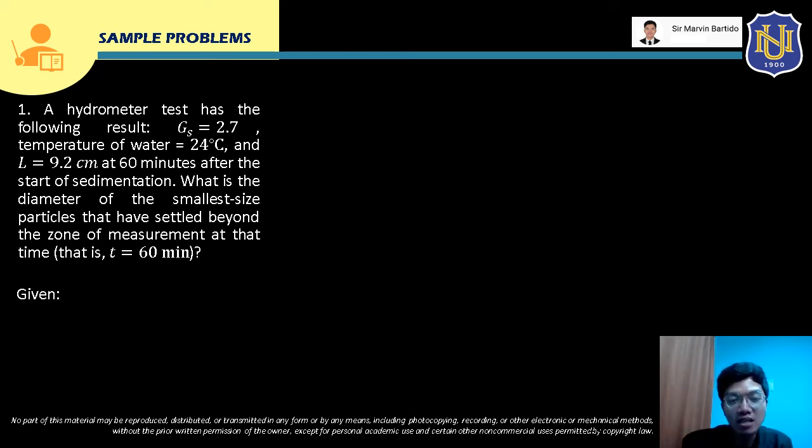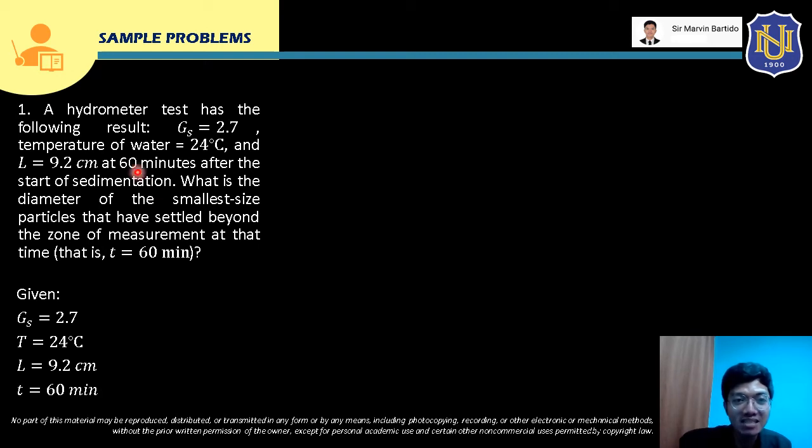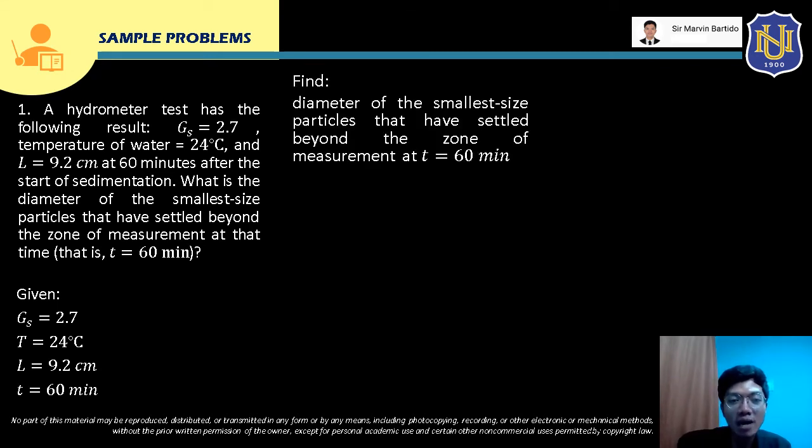So, breakdown natin kasi mga given natin dito: meron tayong specific gravity na 2.7, temperature na 24 degrees Celsius, L na 9.2 cm, at yung L na yon ay at 60 minutes after the start of sedimentation. Yung hahanapin natin dito is yung diameter of the smallest size particles that have settled beyond the zone of measurement at time equal to 60 minutes.